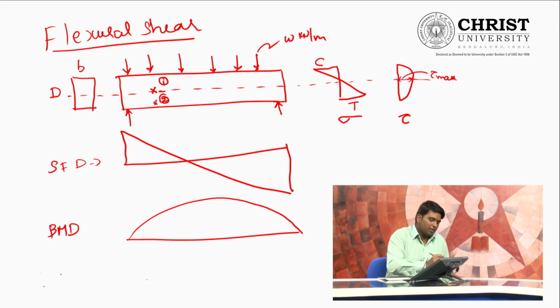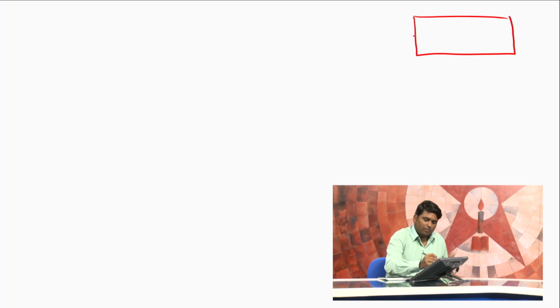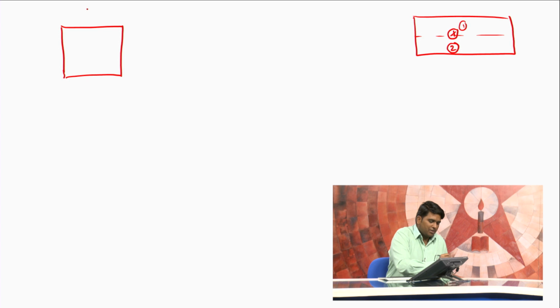At these 2 points, we have to calculate how the principal stresses vary and how much principal stress will occur. Section 1, section 2. The Mohr circle, or two dimensional stress system, you have already studied; we will just recall.